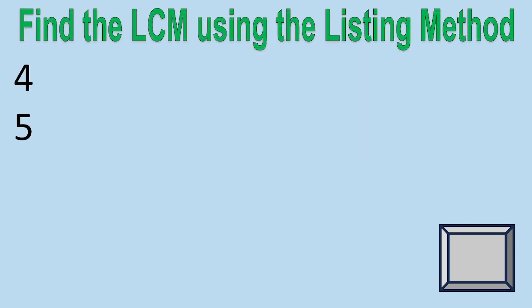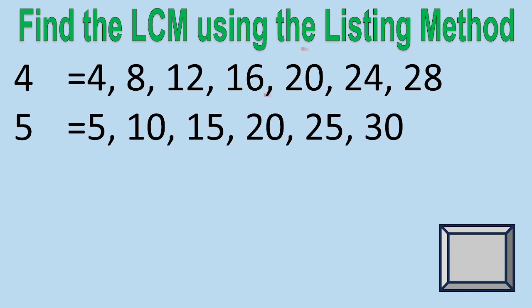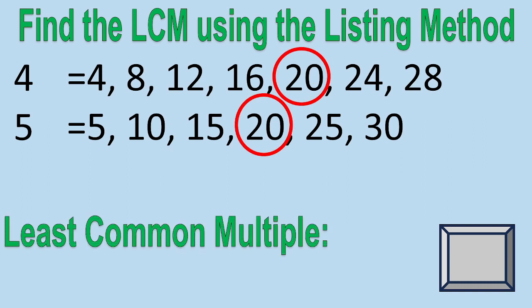Another, 4 and 5. Time's up. The answer is the least common multiple is 20.